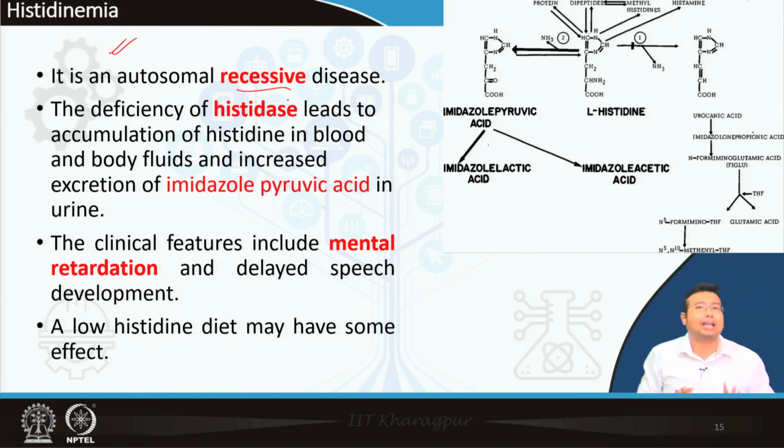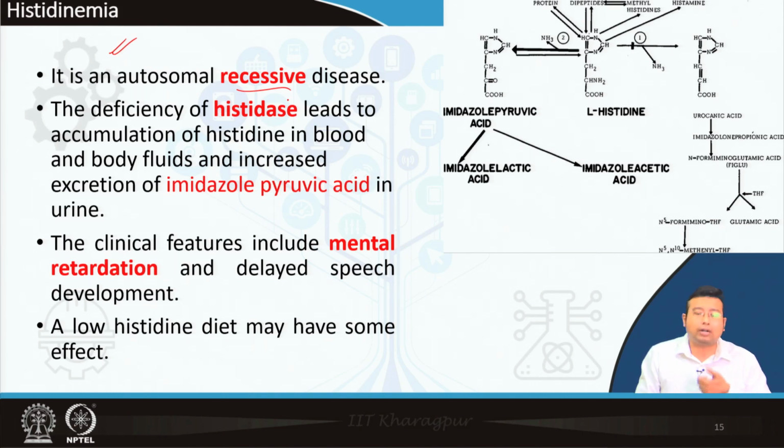If that is not happening, naturally histidine will be diverted to alternate routes of metabolism, very similar to what was happening in phenylalanine metabolism. Over there phenylalanine was being converted to tyrosine. If phenylalanine hydroxylase was deficient, it was getting converted to phenyl acetate, phenyl lactate, phenyl pyruvate. Same thing or almost similar thing is happening over here.